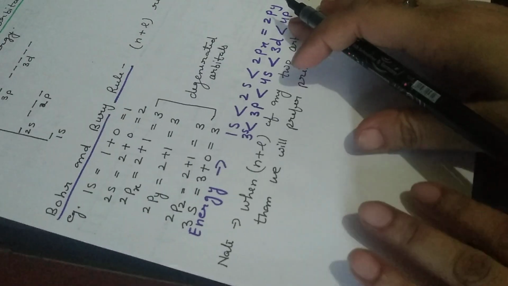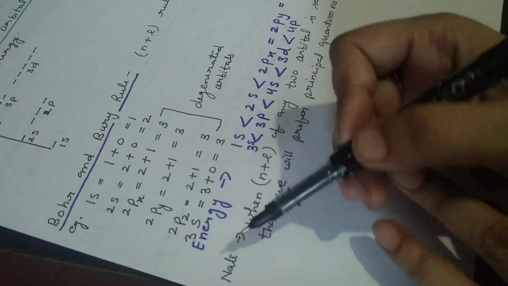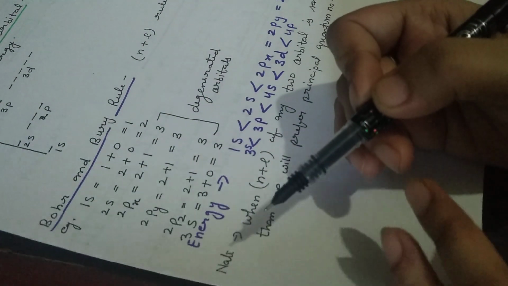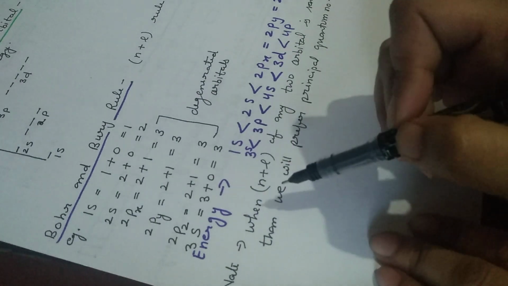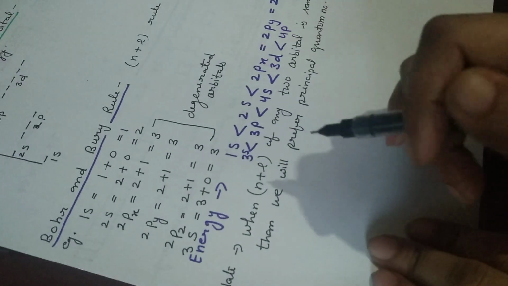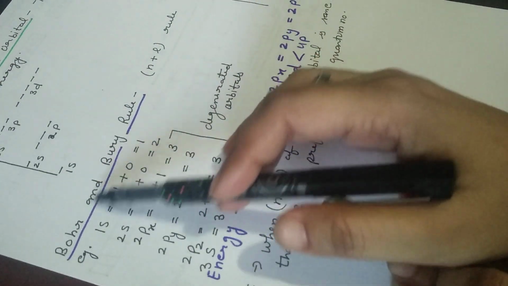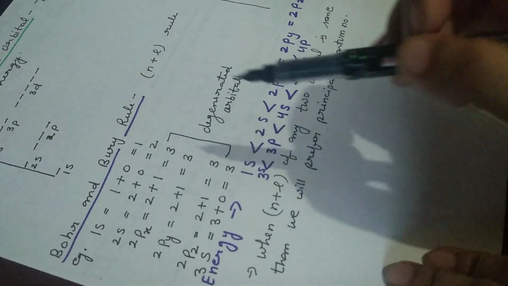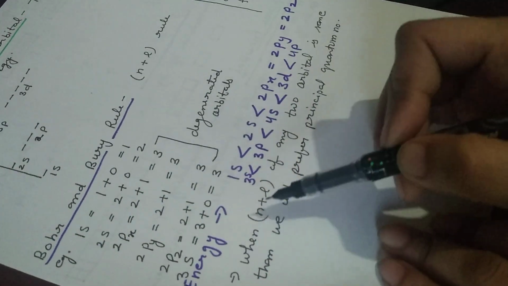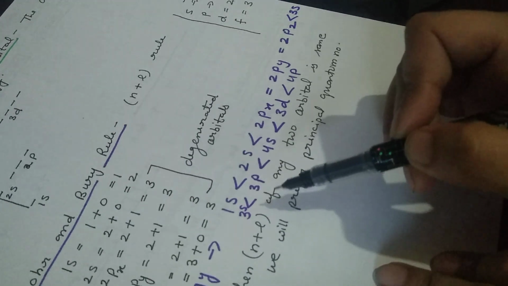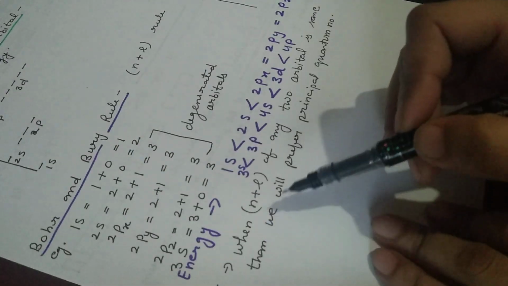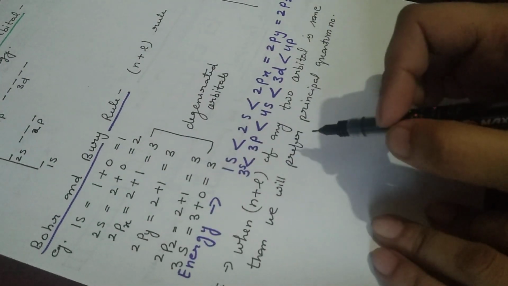Okay, now if a condition arises in which 2 orbitals have the same number according to the Bohr Bury rule, then what do we have to do? When the value of n plus l of any 2 orbitals is the same, then we will prefer the principal quantum number.